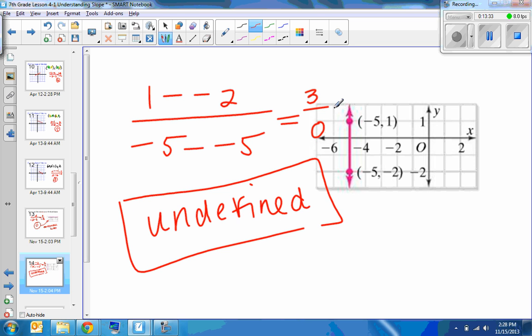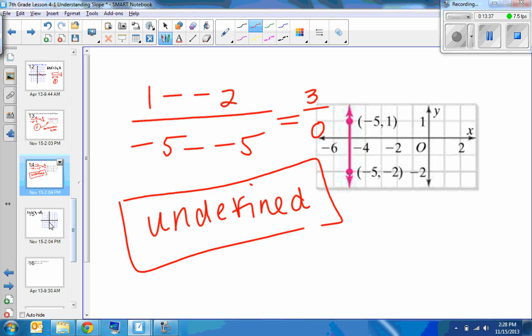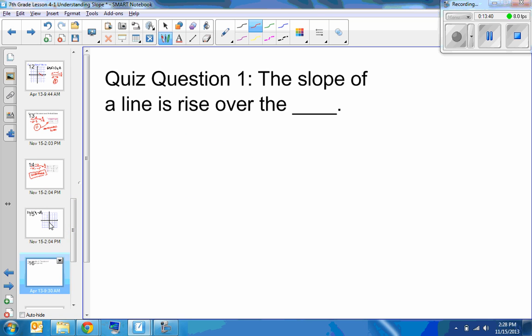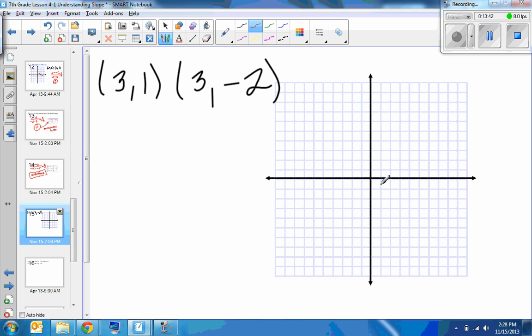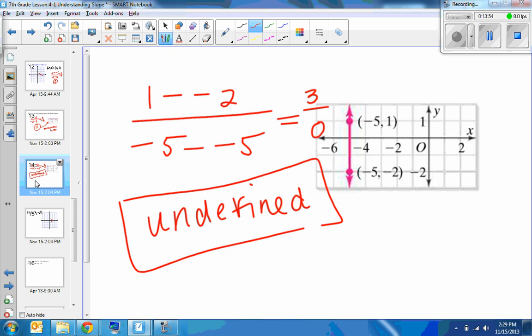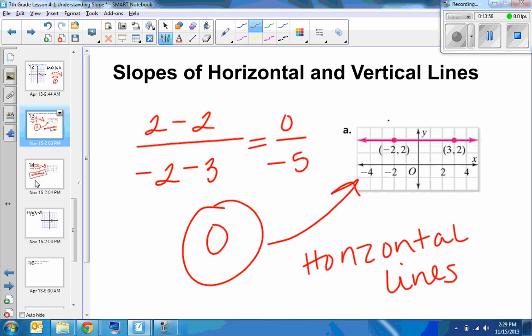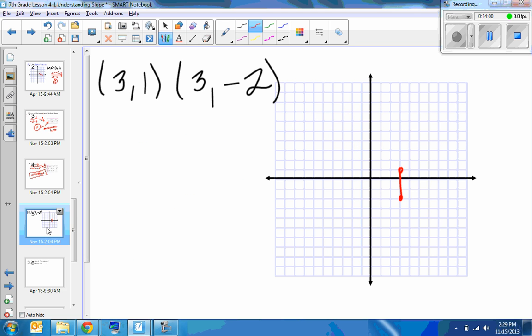You cannot have a 0 on the bottom. So when I graph this one, I have a vertical line. So when I see a vertical line, like this one, my slope is undefined.